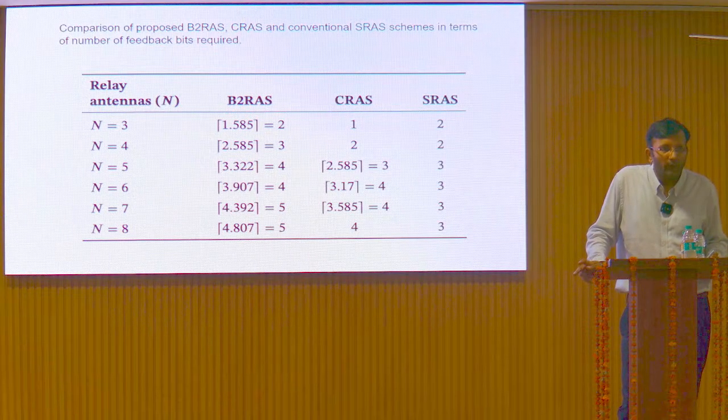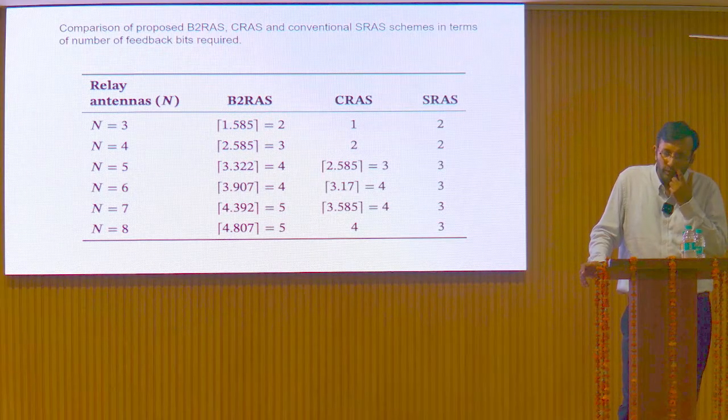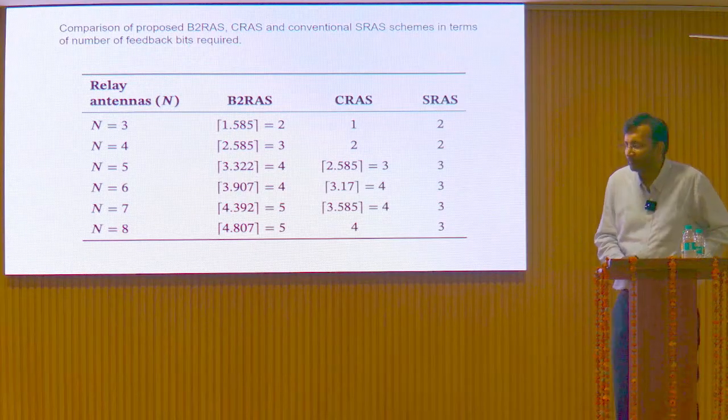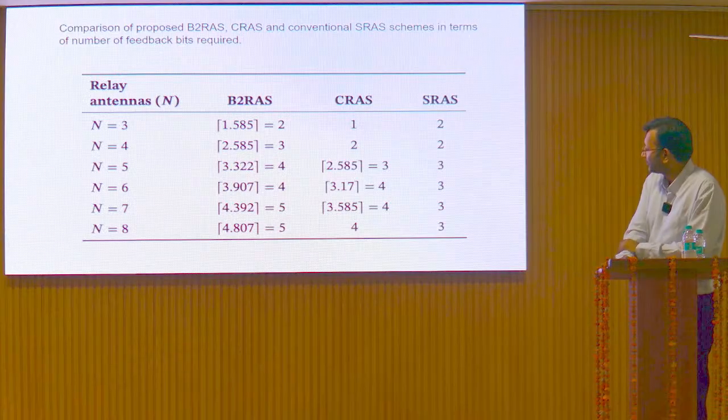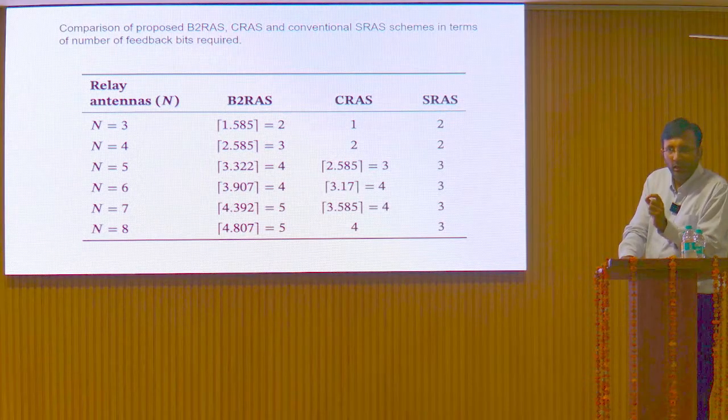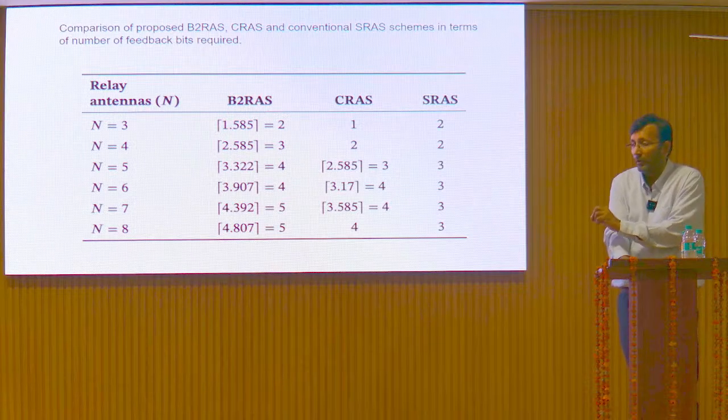See, both of them provide the same diversity order in case of correct feedback. In case of correct feedback, both of them provide a similar diversity gain. See, there is a trade-off. Selecting the best 2 transmit antennas requires a higher number of feedback bits.